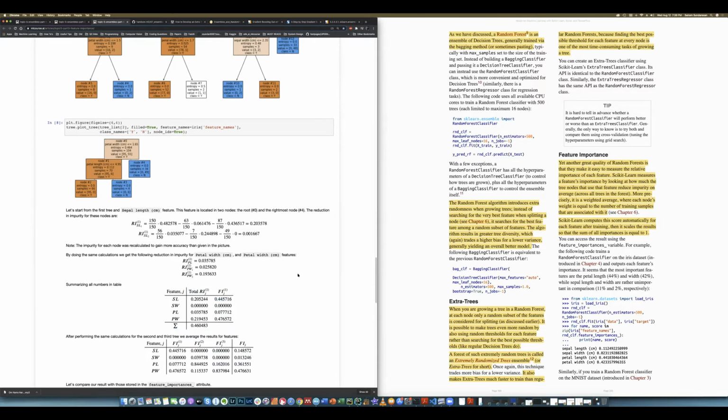Just to be clear, when you say reducing the impurity, the Gini impurity, what we're talking about is making a sharp split between different classes. If all the classes were equally likely, that would be a very impure situation.